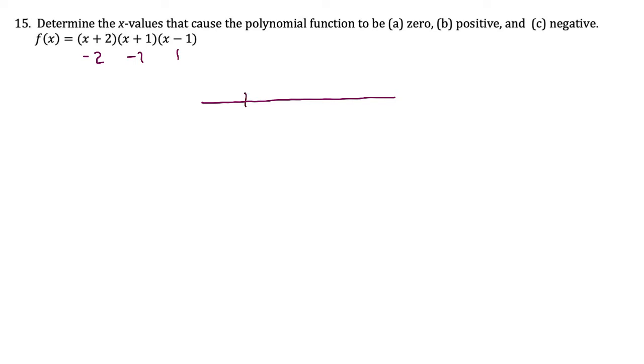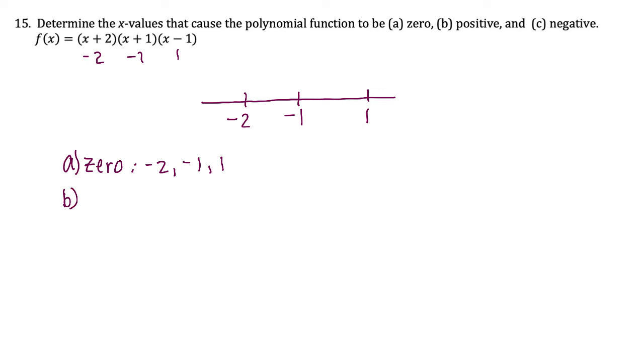So let's put these on the number line. -2, -1, +1. So for our polynomial to be 0, so for our 0 value, that's going to be -2, -1, and 1.